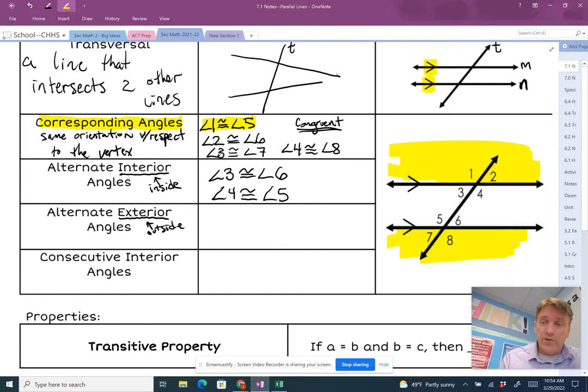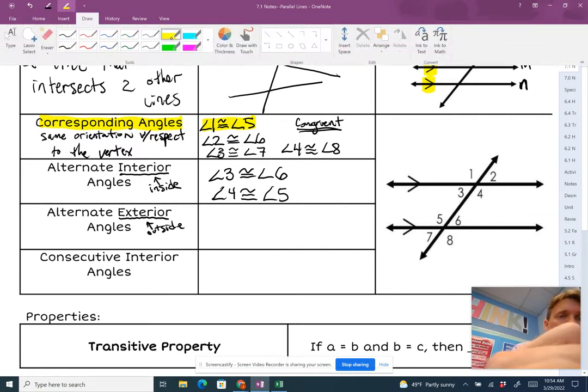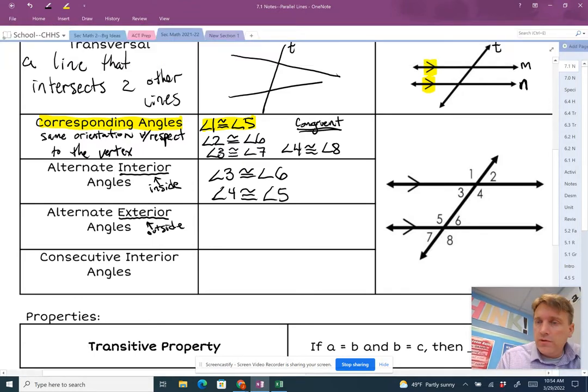They do not include 3, 4, 5, or 6. And so alternate, just like before, just means it's on one side or the other, up or down. And so if I look at angle 1, that's an exterior angle. It's on one side of the transversal. If I go down to the other side, angle 8, they are also congruent.